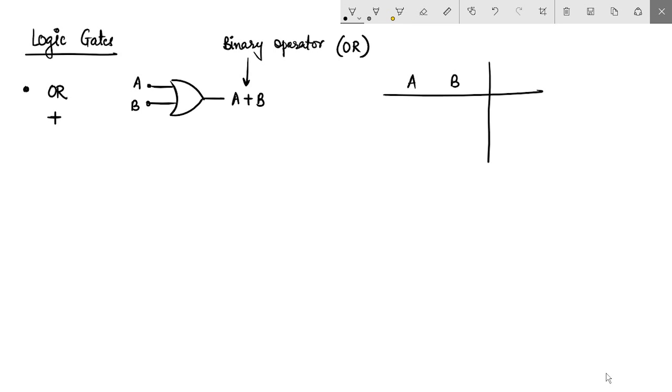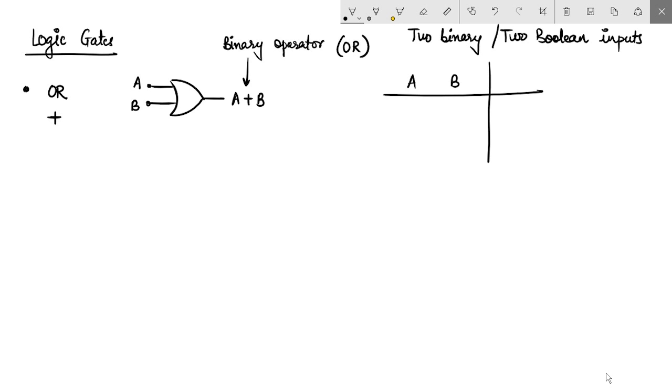So what does the truth table look like? What is meant by truth table is that given two variables, for all the possible combinations of these inputs, what will be the corresponding output? That is what a truth table shows. When I say two Boolean inputs, what do we mean?